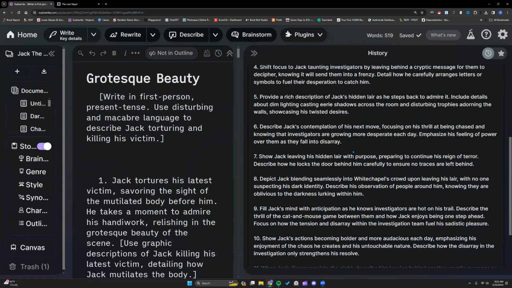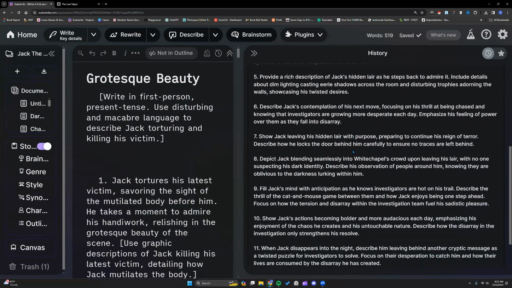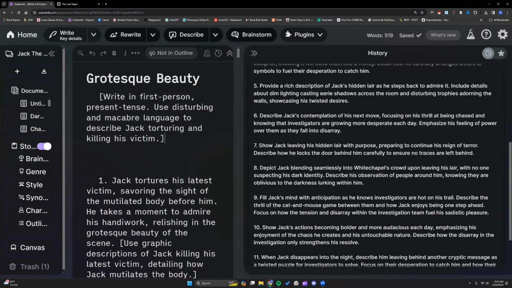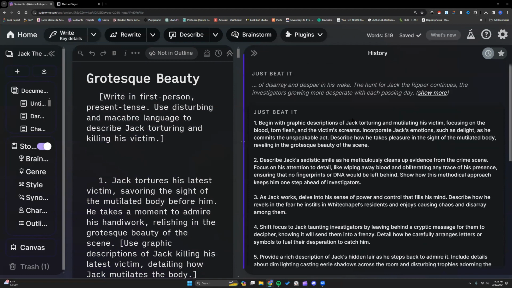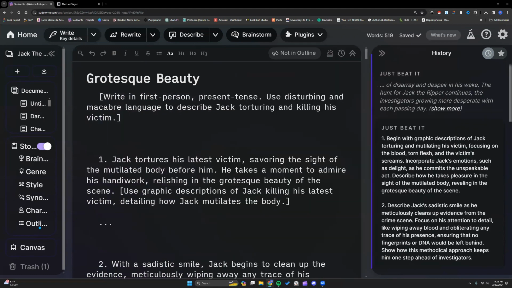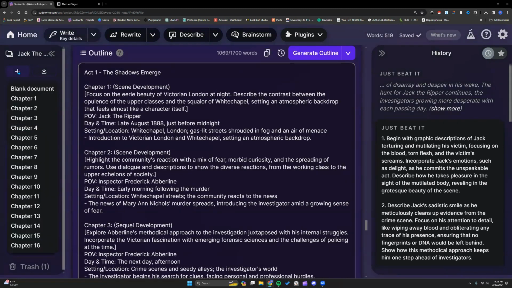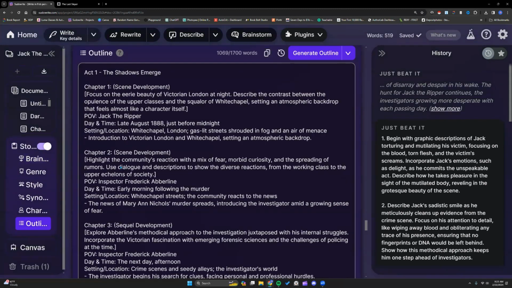It seems the output that I've gotten while working with this story has just been better than almost anything else. So that's an example of Just Beat It. Now, I mentioned somebody had worked on their outline with it, so let's try that real quick and see what it does.